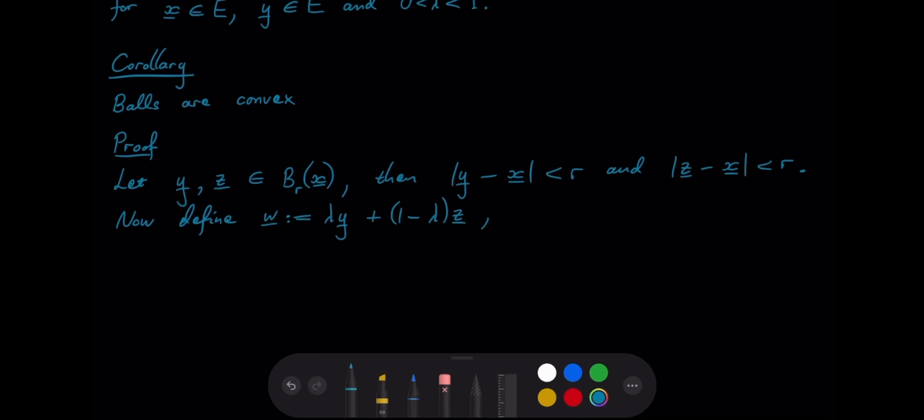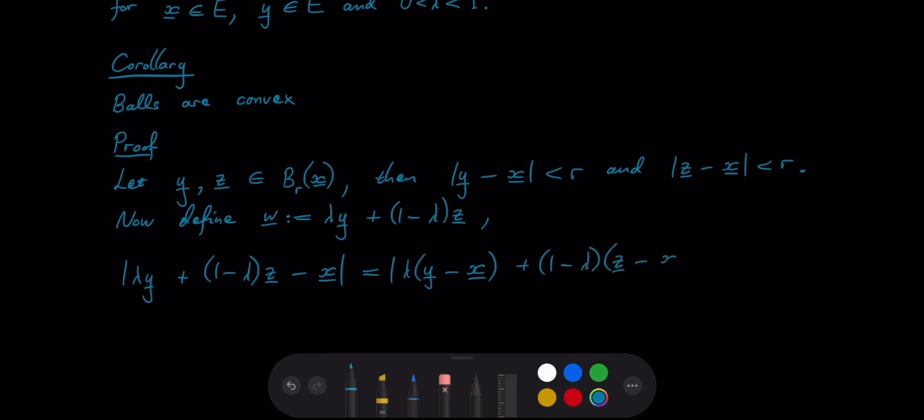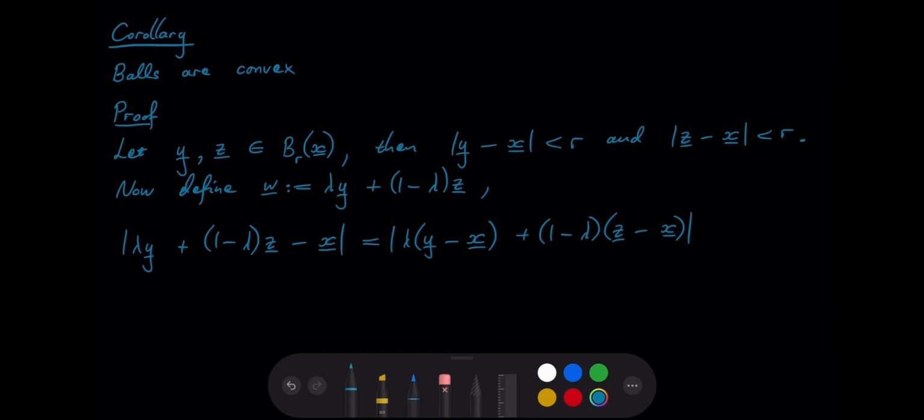Okay, so we now find that the norm of lambda y plus (1 minus lambda) z minus x is equal to the norm of lambda times (y minus x) plus (1 minus lambda) times (z minus x). This is just grouping the terms together, and of course from the triangle inequality we know that this immediately follows.